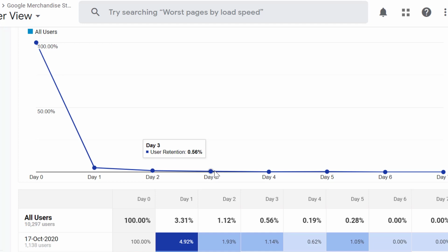So it is telling me the user retention capacity of my website. Are these people revisiting my website or not? Are they getting retained by my website or not? That is what I can make out of this particular report.